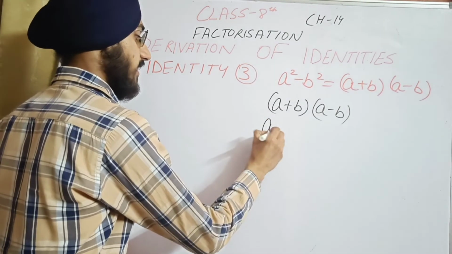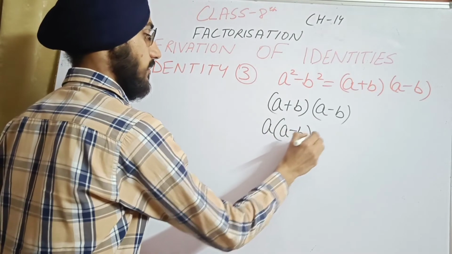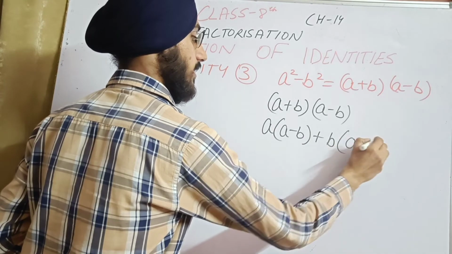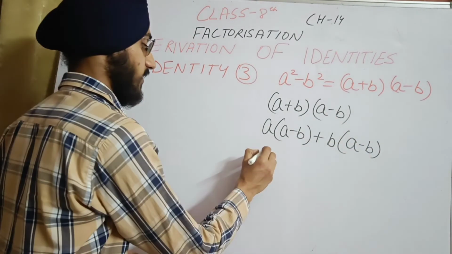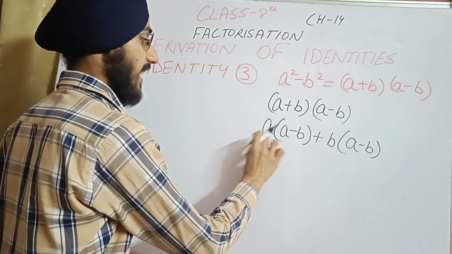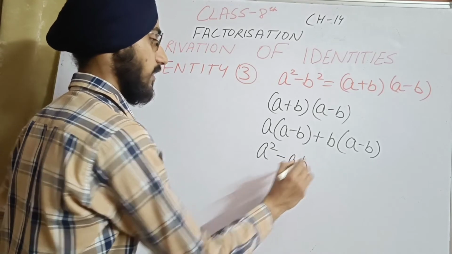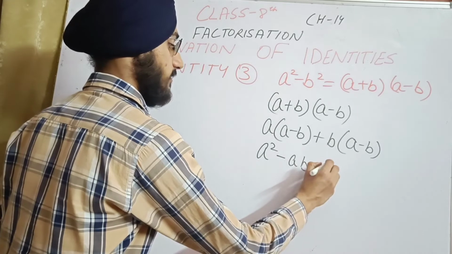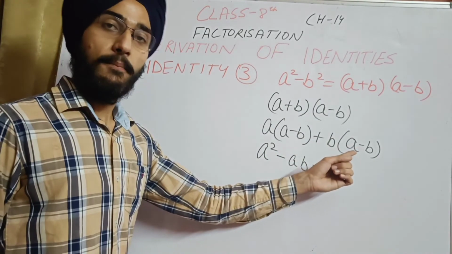We will first write a (a minus b) in the bracket plus b (a minus b) in the bracket. So a multiplied by a is a square, a multiplied by minus b is minus ab, plus b multiplied by a is ba, that is plus ba, and b multiplied by minus b is minus b square.